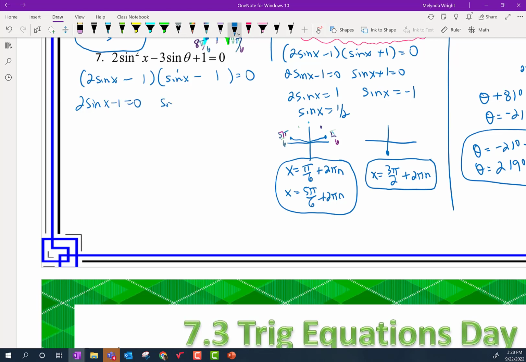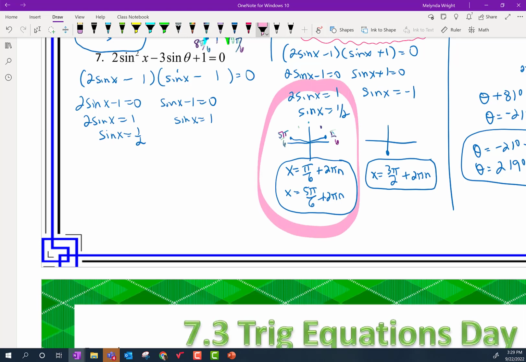Okay. Then we solve. 2 sine x is 1, so sine is 1/2, and sine is 1. Now we actually already did sine as 1/2, if you see that right over there to the right. So if that's okay with you, I'm just going to write that down, instead of redoing it. We've already done that part before.